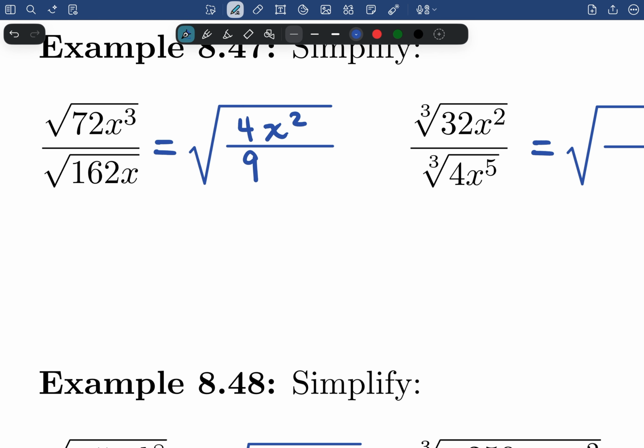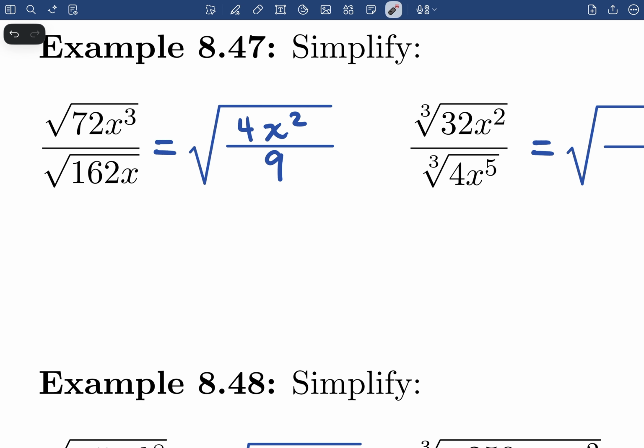Great. And so now because I was able to take these two radicals and make them a single radical, I was able to reduce the ratio of the stuff inside of them, right? And I was able to simplify these big numbers into something much nicer. And now I can take the square root of all the things that are remaining.